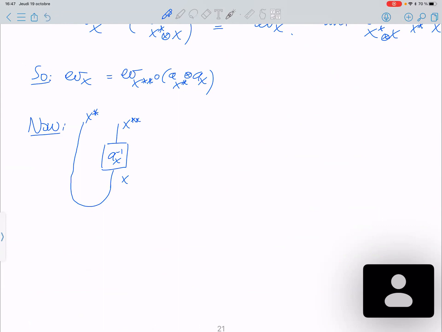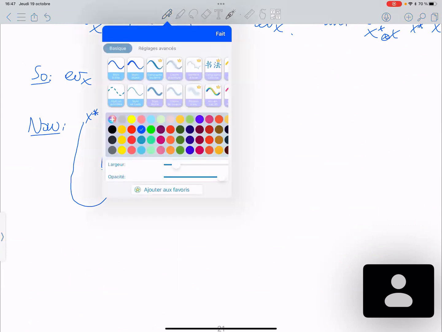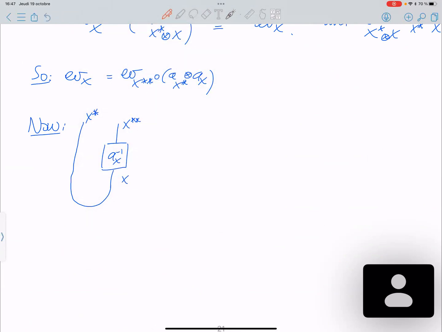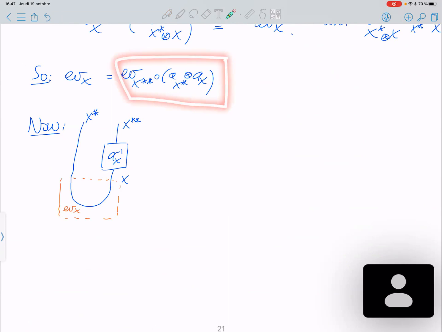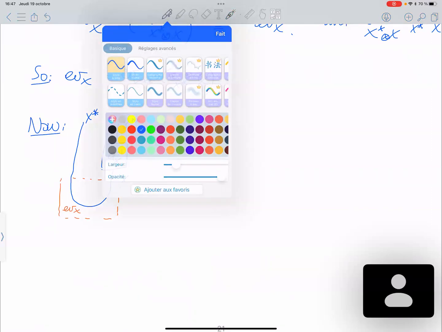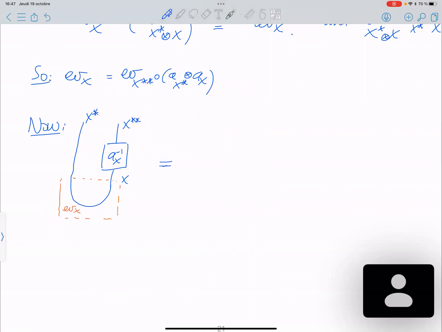And here we have the evaluation map we want to replace, the evaluation map of X. Okay. So we will replace this picture by a picture for that. So it's as follows.